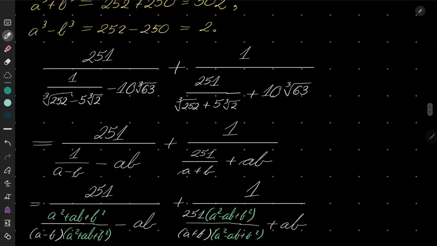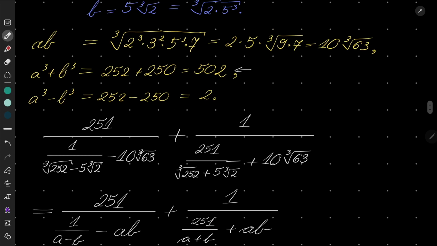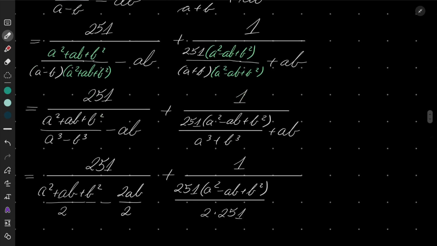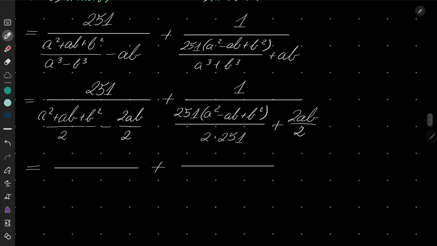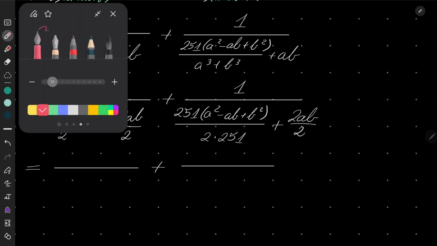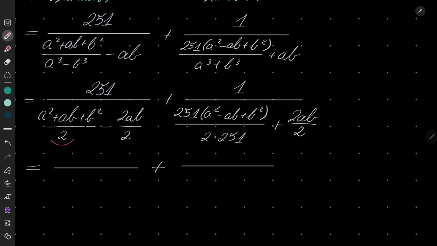Why? Here it is. 502 is 2 times 251. And here we have 2ab over 2. Okay. Now, what can we do? First of all, this number 2, which is here and here, will appear in the numerator.